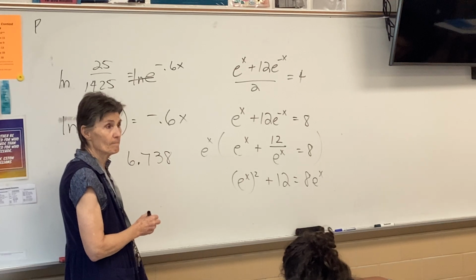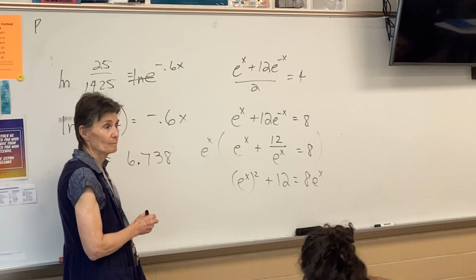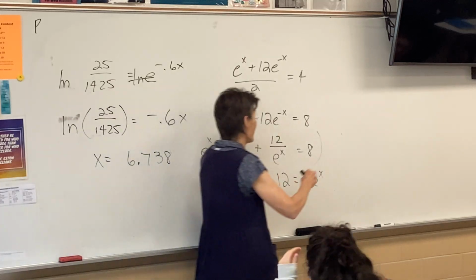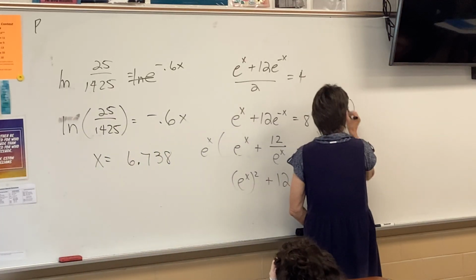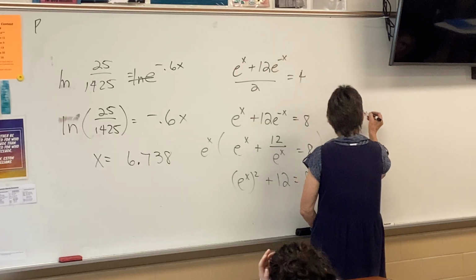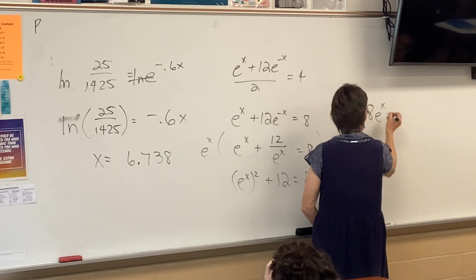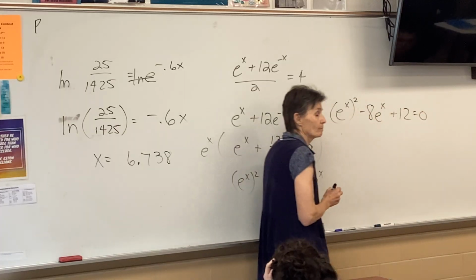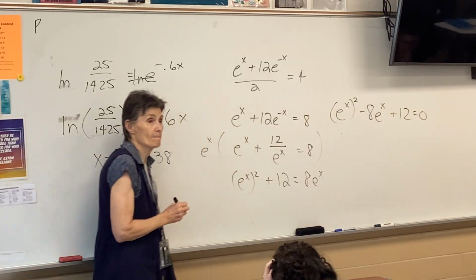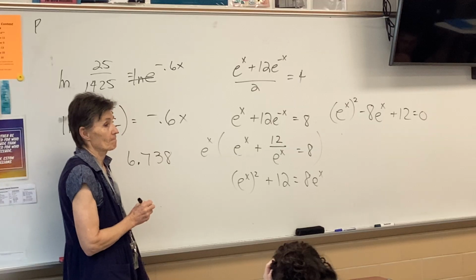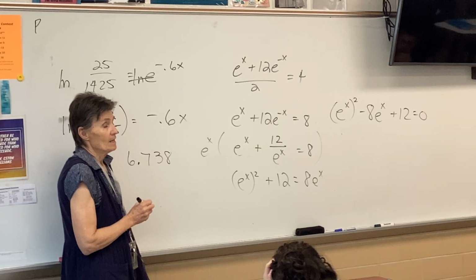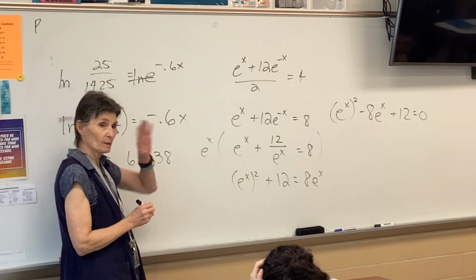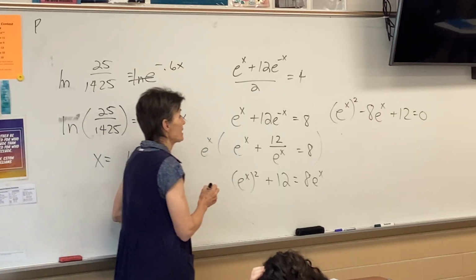Any idea? We get everything on the same side. So we're going to have e to the x squared minus 8e to the x plus 12 equals 0. Now, this is where you've got to really be thinking outside the box.